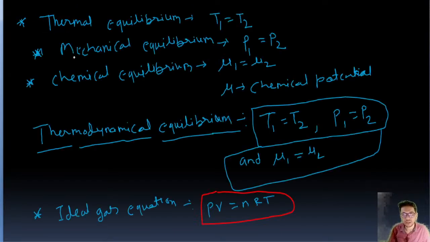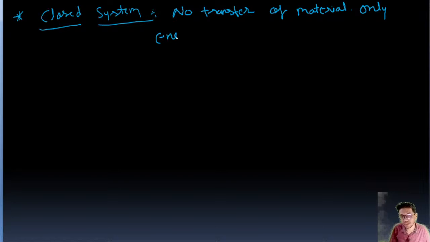In an isolated system, there is no transfer of material, only energy or heat. Okay, only energy can be transferred.